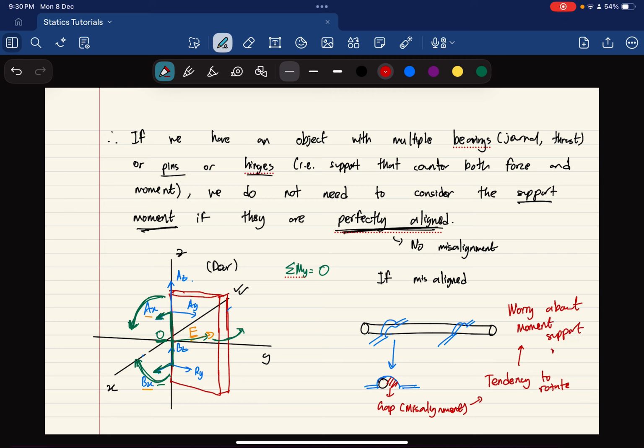Because there's a tendency to rotate, you need to worry about the moment support reaction because it's misaligned. But when it's perfectly aligned, when there's no misalignment, then you don't have to worry about the moment support reaction.